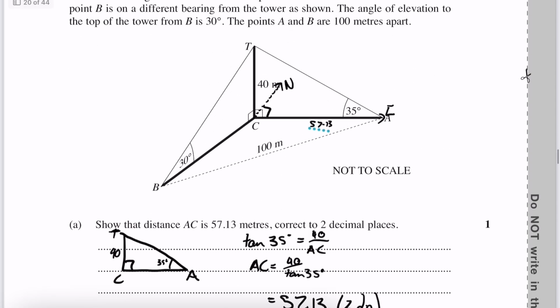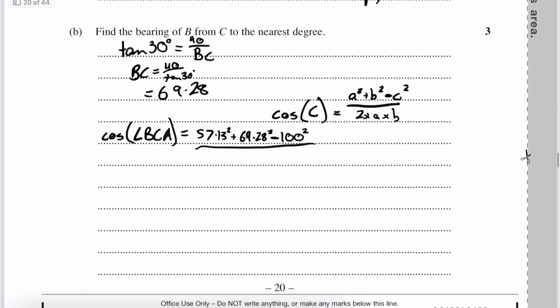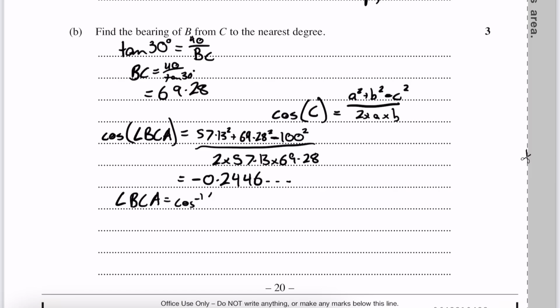So A squared plus B squared minus C squared, all over 2AB, which is 2 times 57.13 times 69.28, which is equal to minus 0.2446 and so on. And then we take the inverse cosine, so angle BCA is equal to the inverse cosine of that.